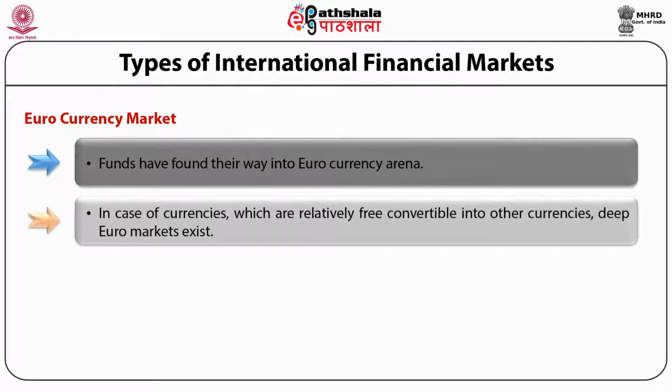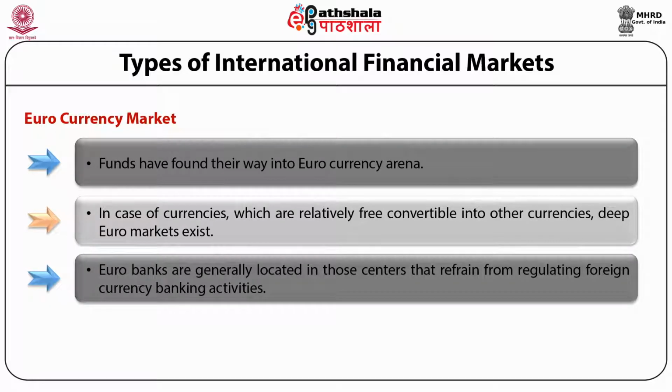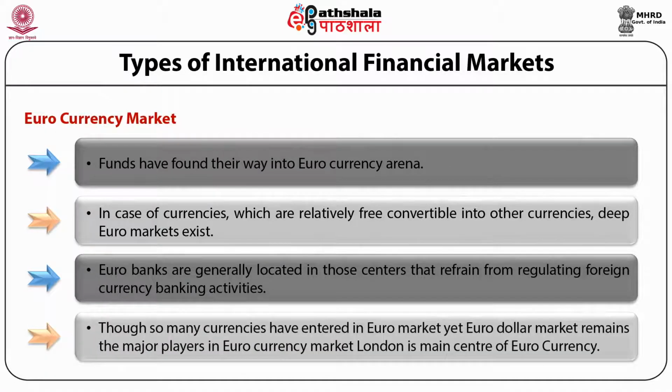In case of currencies which are relatively freely convertible into other currencies, a deep euro market exists. Euro banks are generally located in those centers that refrain from regulating foreign currency banking activities. Though many currencies have entered the euro market, the euro dollar market remains the major player in the euro currency market. London is the main center of euro currency.